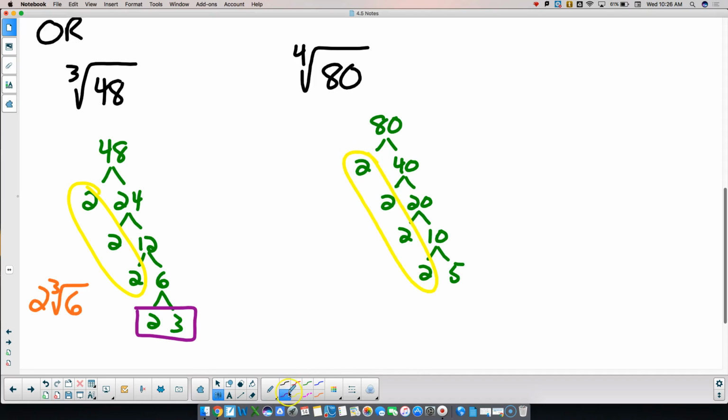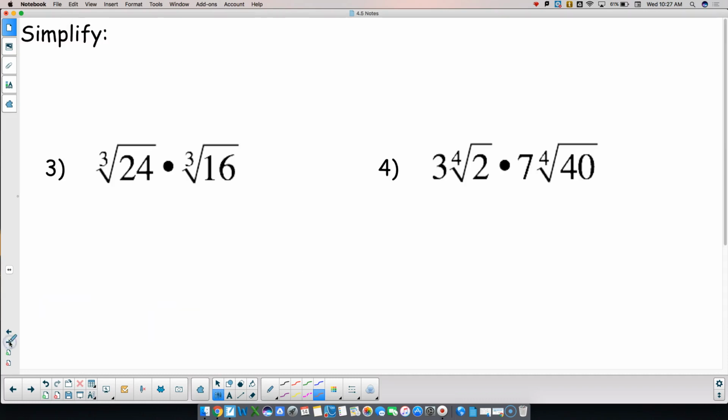And then what's left over? So this would become 2 times the fourth root of 5. So it can be done without the list. You just have to know the prime factorizations of your numbers. Okay? Try those 2.